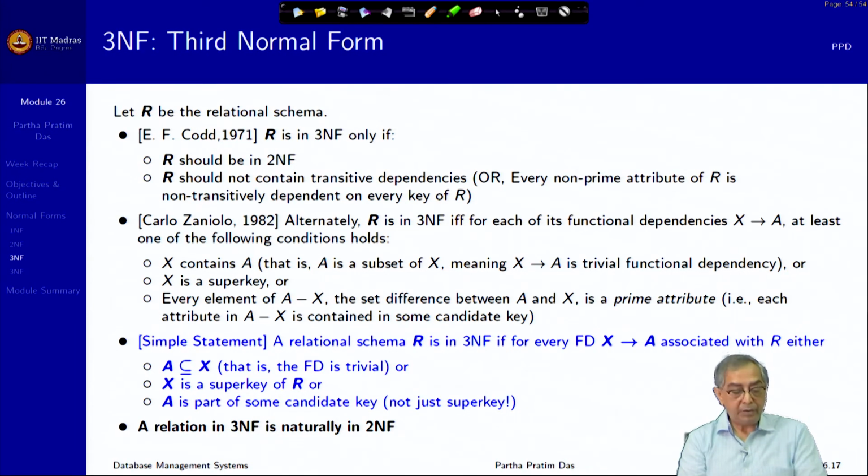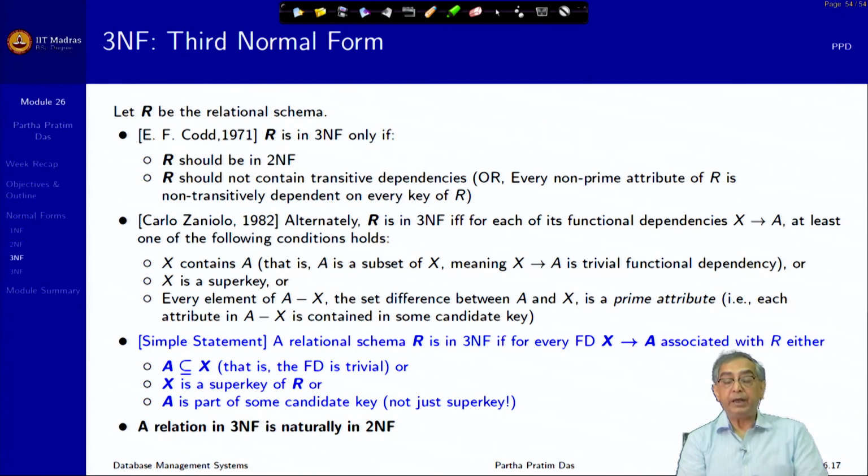One in 72 and another in 82 have actually defined third normal form, but using different notions. The simple third normal form statement, which is accepted today, is simply saying that it is in second normal form and does not have a transitive dependency. This is a simple thing that we say.